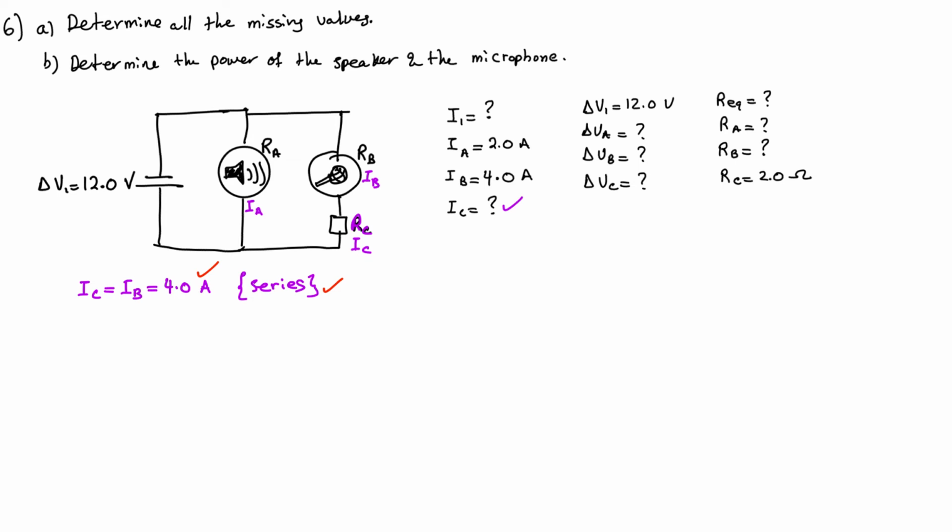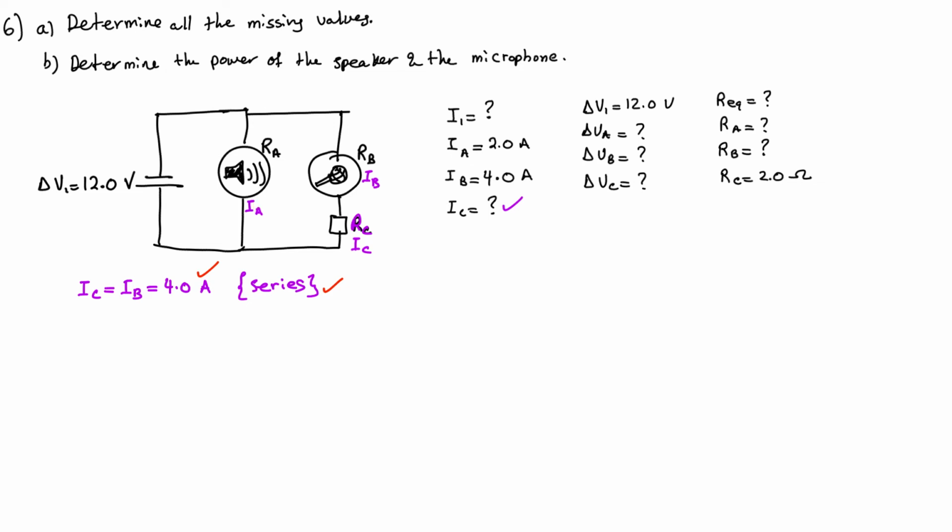Let's start off with our first thing that we usually do. The first thing we usually do is look at all of the components and see if there are any for which we have two pieces of information. In this case, for this one, I only have one piece of information, which is the 2 amps at the moment.